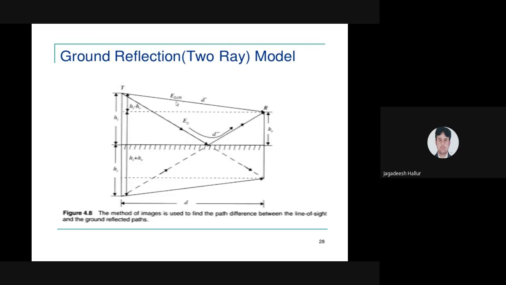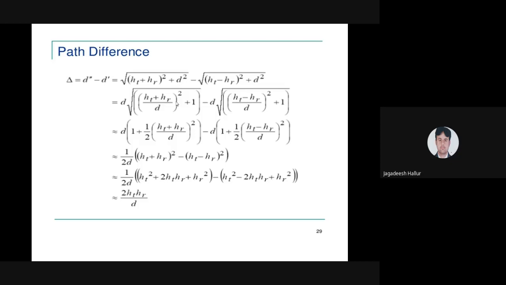Using this diagram, we are going to calculate the path difference. The path difference is nothing but what? Del. Del is assigned as the path difference.